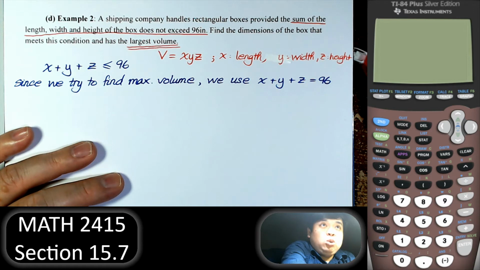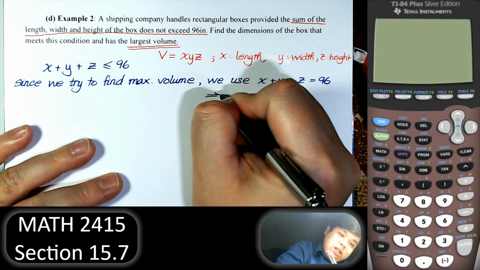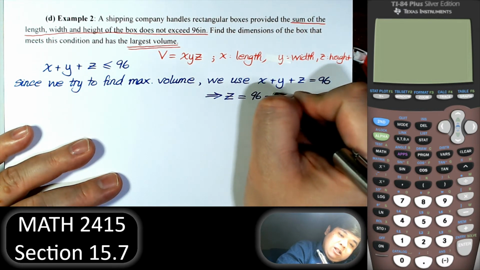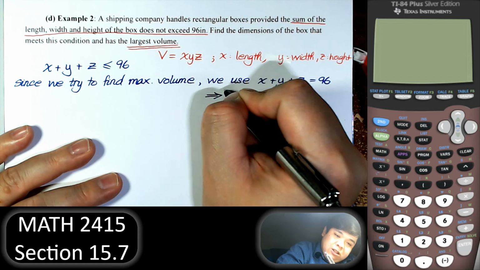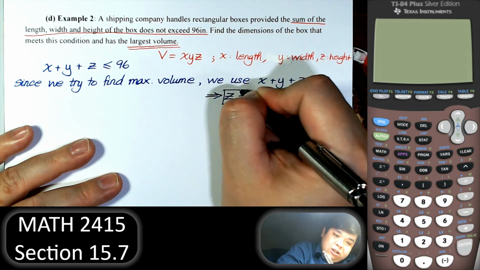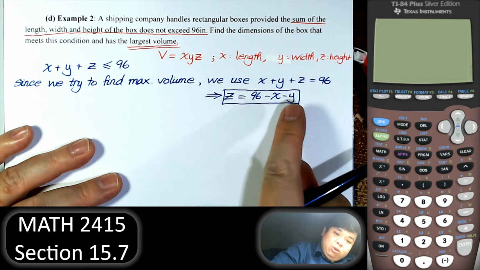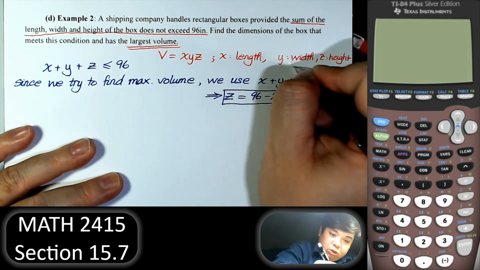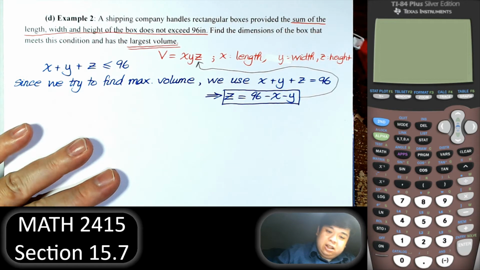We have three variables, so let's solve for z: z equals 96 minus x minus y. I will substitute this z back into the volume.